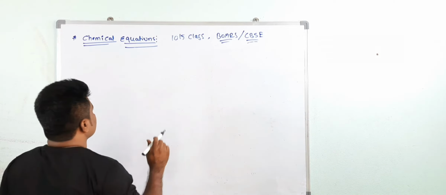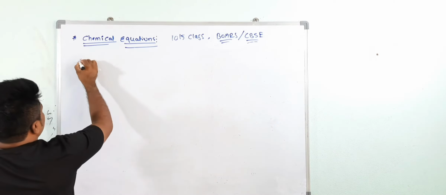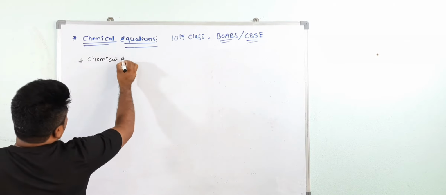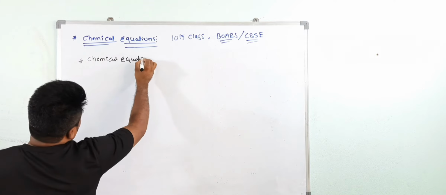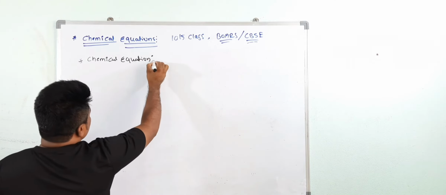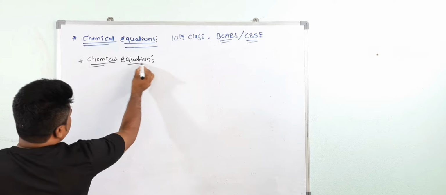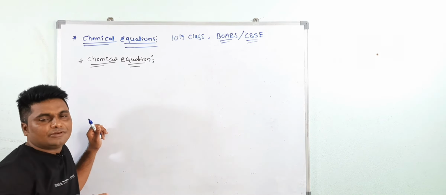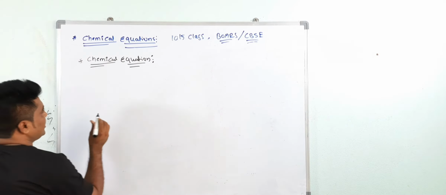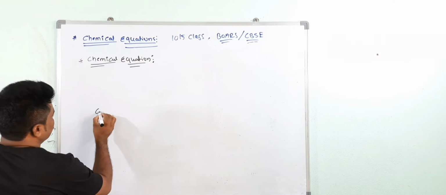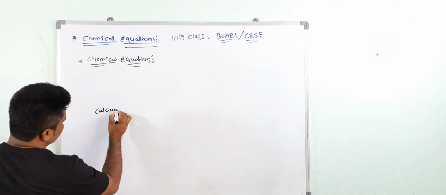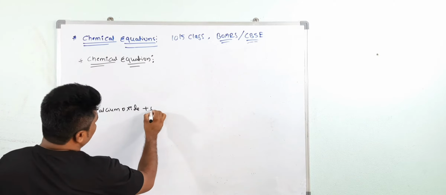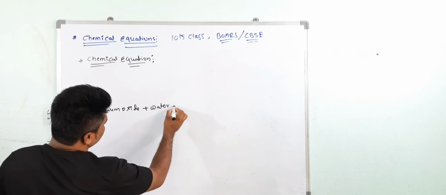Okay, the next topic is chemical equation. What is a chemical equation? Before I define it, in activity 1, calcium oxide, that is lime, is dissolved in water.